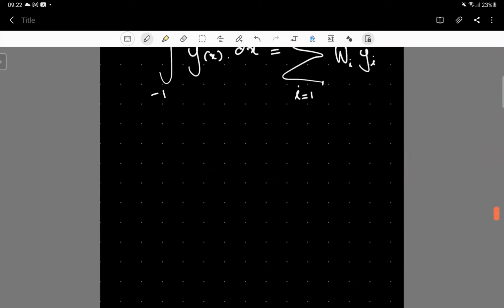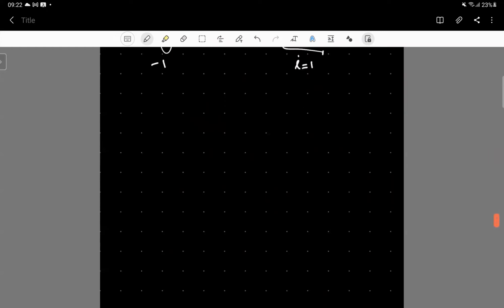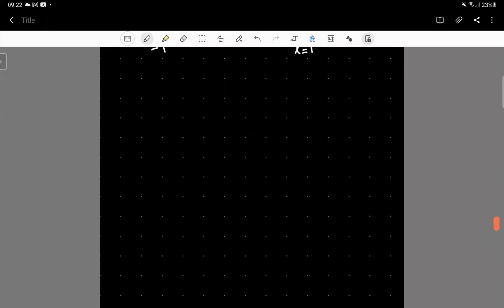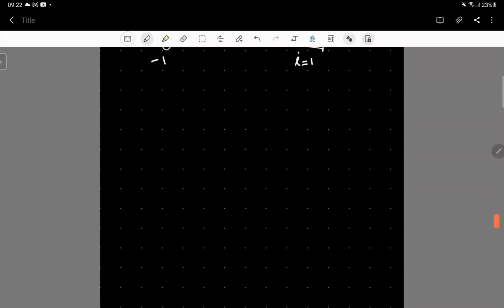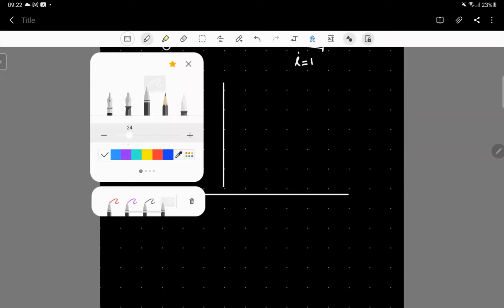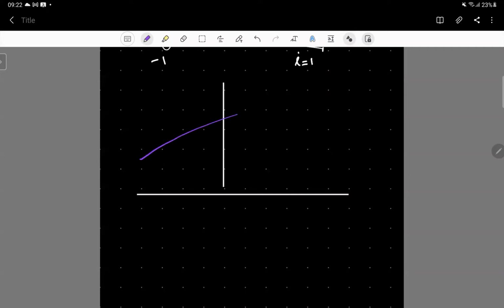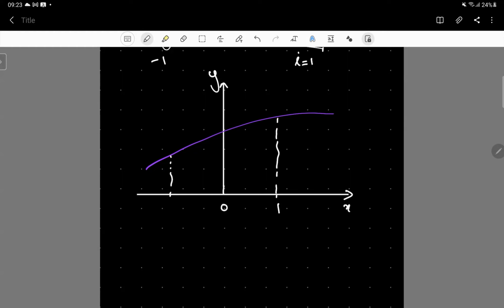If we think of a 2-point Gaussian quadrature integral, I think this will be quite clear to you. This is the function we are interested in. We are interested in calculating between +1 and -1. And what we do in this case is we select certain points.